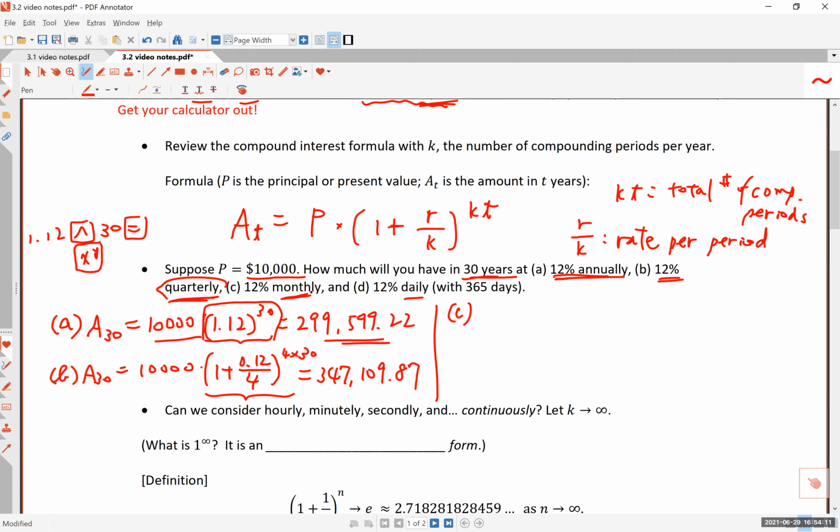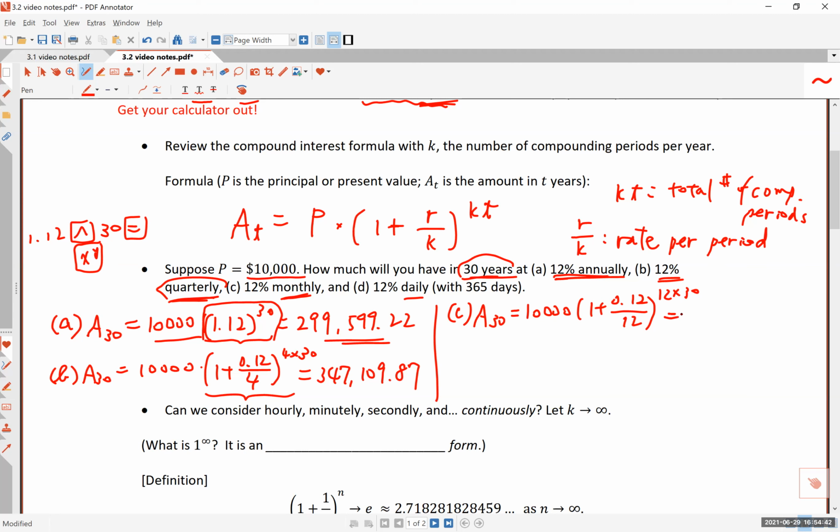Next, for part C, we do 12% monthly. So in that case, after 30 years, you'll have 10,000 times 1 plus, remember it's 0.12 divided by 12, because 12% monthly means 1% every month. And then the exponent will be 12 times 30. That's 360, because there are 360 months in a 30-year period.